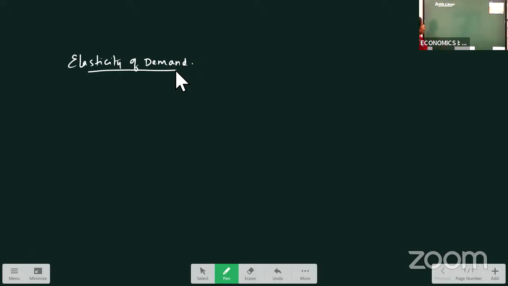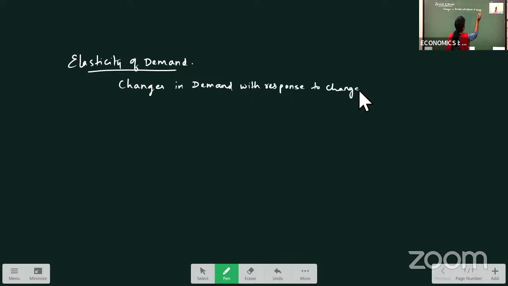So generally, what do you mean by elasticity of demand? Elasticity means changes in demand. So elasticity of demand means changes in demand in response to change in its factors.